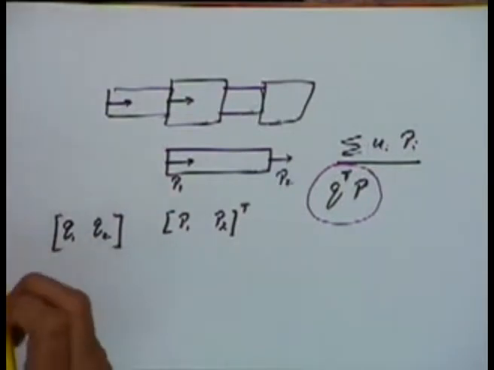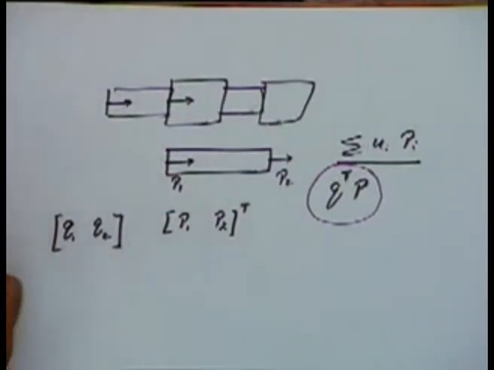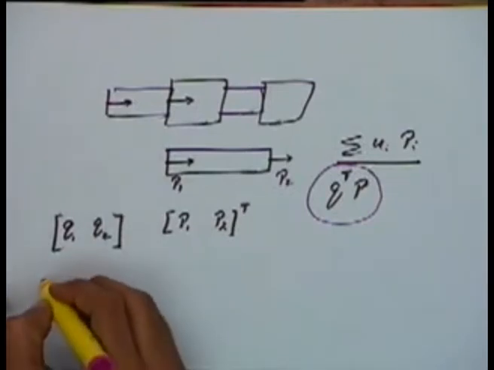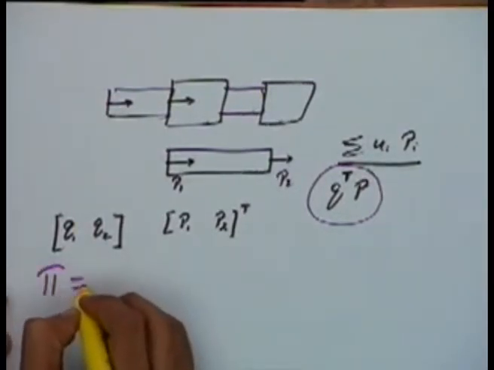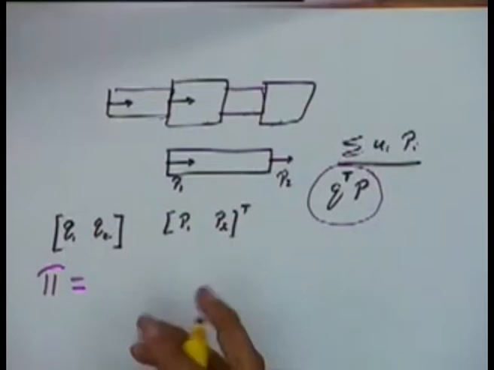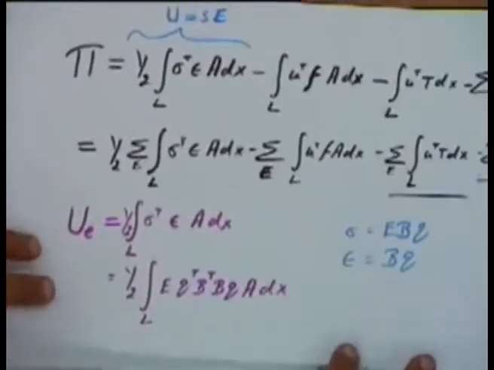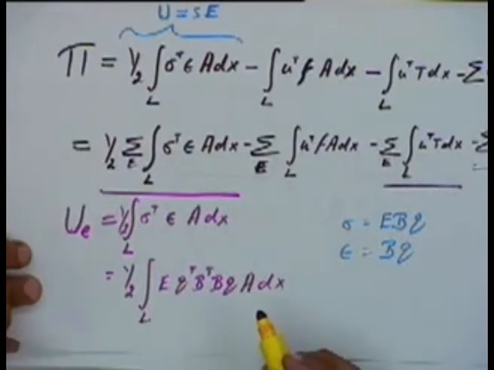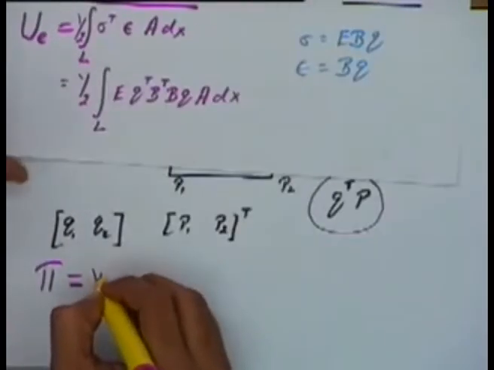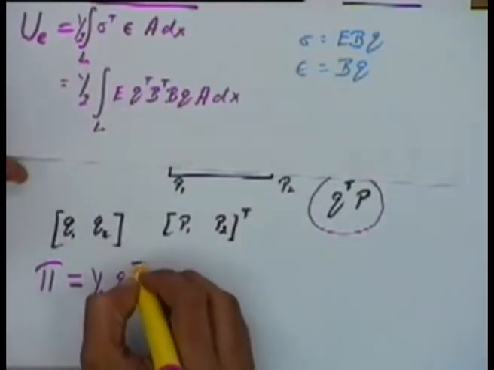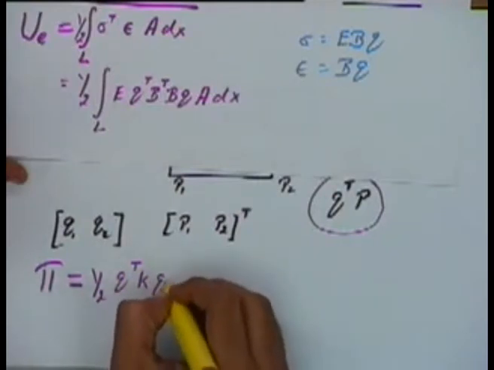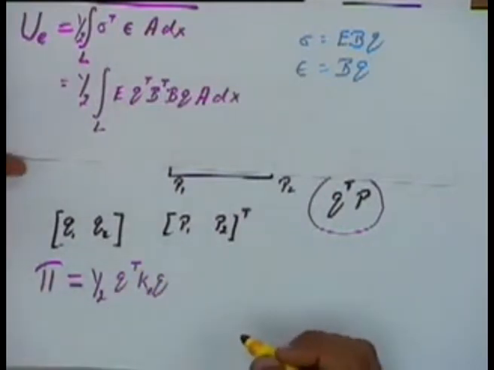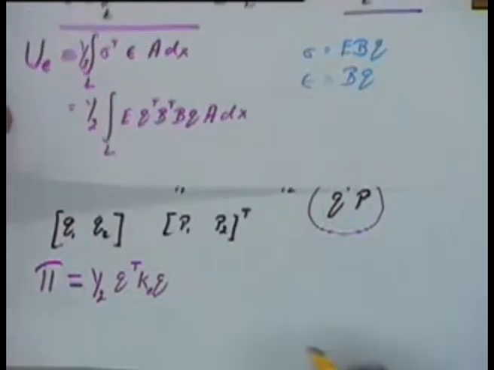Okay, so now if I look at the complete equation that I have, a potential energy pi, the first term is a strain energy term, and I said that that term is equal to half of Q transpose KE Q. Okay.